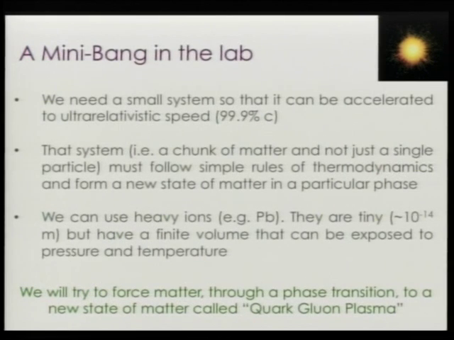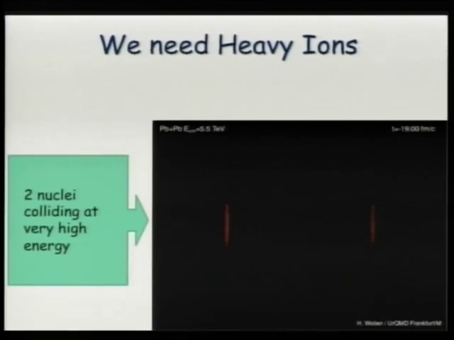So we will try to force matter through a kind of phase transition that I'm going to explain to you. This new phase is called quark-gluon plasma. You know what a quark is, you know what a gluon is, I already told you. And this matter of the universe is a plasma that we will see now.